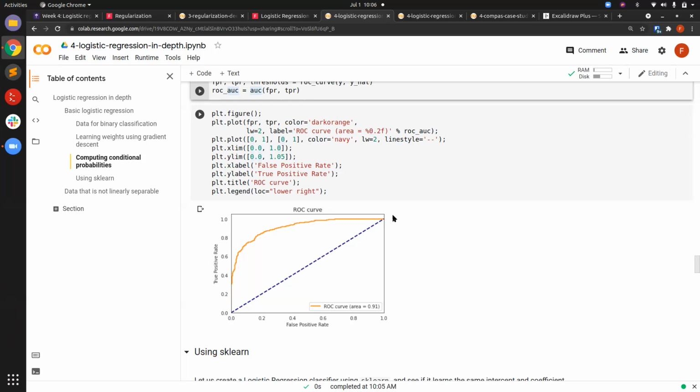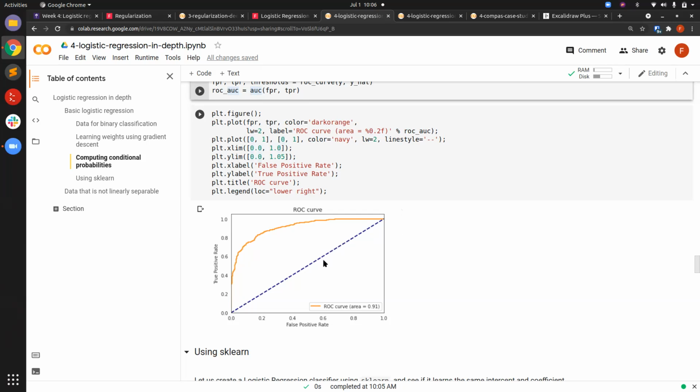At one extreme, if my threshold is any probability above 0 is classified as positive, well, my true positive rate is 100%, but so is my false positive rate. At the other extreme, if I say any probability above 100% is classified as positive, I'm going to correctly classify 0 true positives, but I'll also have 0 false positives. So I'm going to choose some threshold somewhere in between.